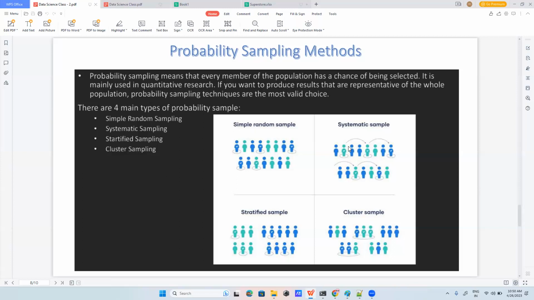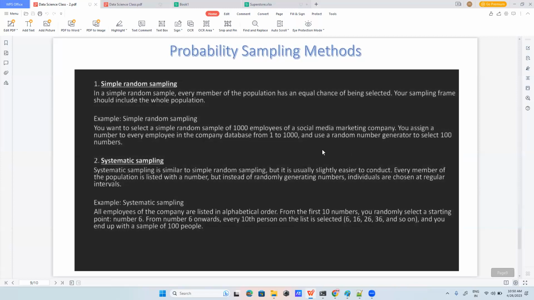Systematic order works in scenarios like this example: all employees of the company are listed in alphabetical order. From the first 10 numbers, you randomly select a starting point, say number 6. From number 6 onwards, every 10th person on the list is selected, like 6, 16, 26, 36, and so on.